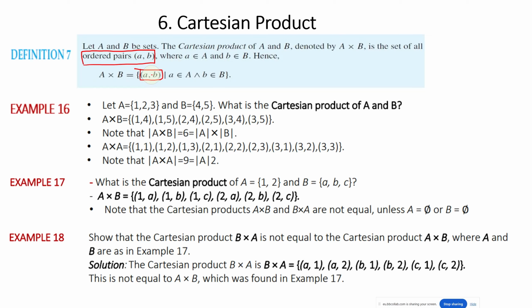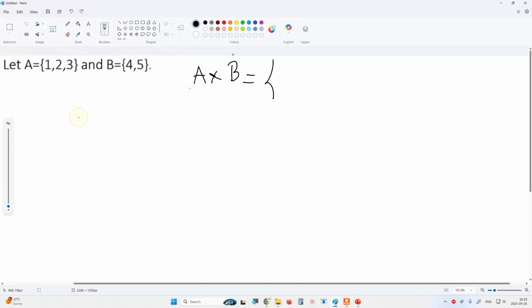This is not an interval like we've seen, open or closed. No, this is an ordered pair, a group of two things put together in a specific order. If I write a pair of 1 and 4, it's different from 4 and 1. These are two different things because it's ordered, so the order matters.